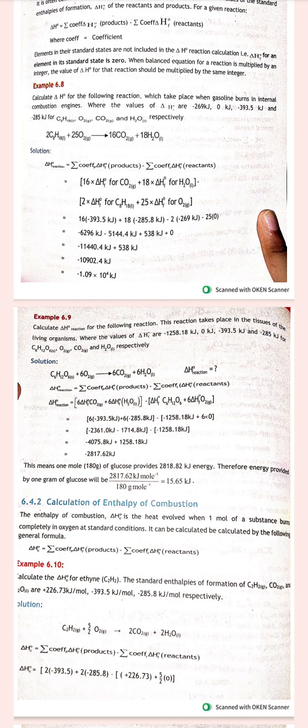Like we have the example in which 2C8H18 plus 25O2 gives us 16CO2 plus 18H2O. So we are multiplying the coefficient by the del H F of carbon dioxide and adding it to that of water.